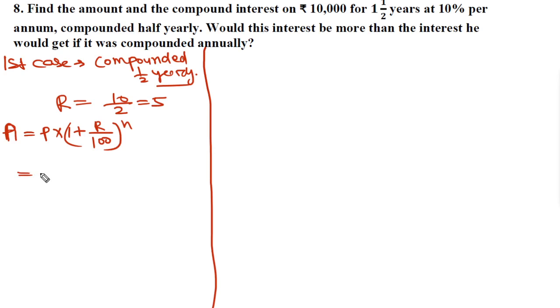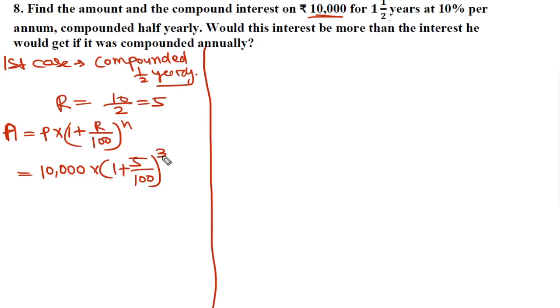Now it will be equal to, P is here 10,000 into 1 plus R is here 5 by 100 to the power n. N means the number of times the interest will be compounded. So if the compounding is half yearly, for 1 and 1 by 2 years, how many times will it compound? For 1 year it will be 2 times, 1 by 2 year 1 time, so 3 times.